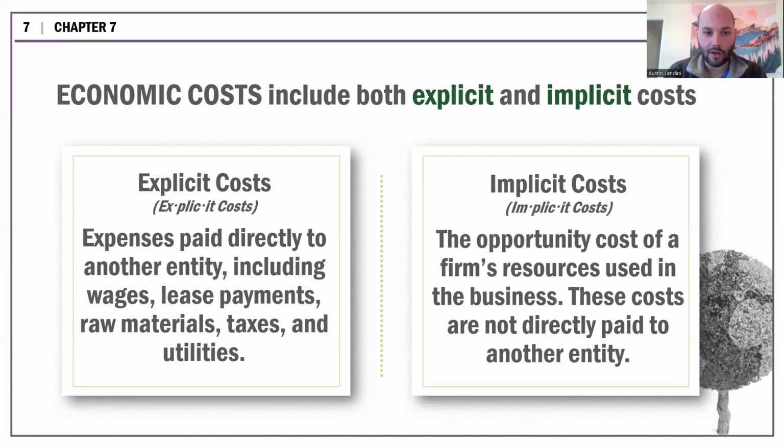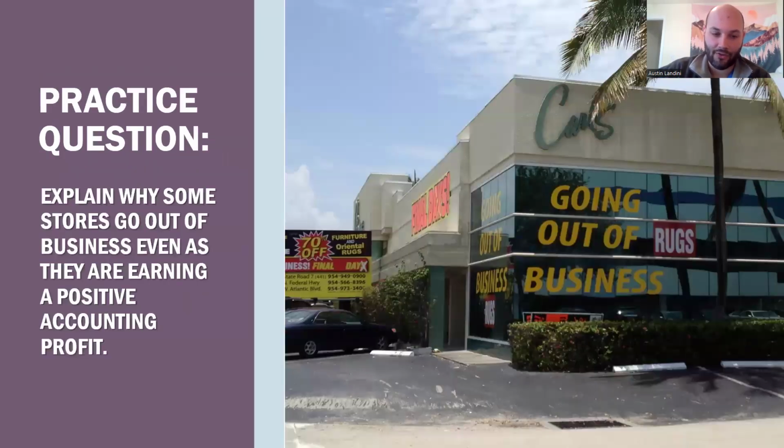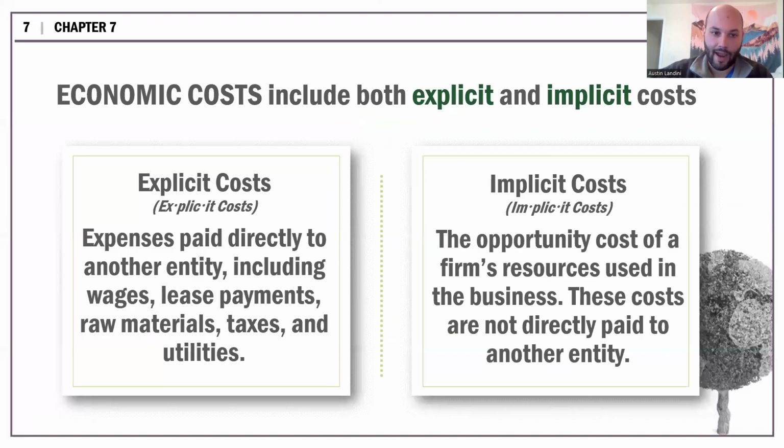All right, so total costs can be broken down into ones that are actually paid, explicit costs, or ones that are opportunity costs that you don't actually pay. The basic idea behind this is, why might a store go out of business even if it's earning a positive accounting profit? In other words, if they only have these explicit costs and they're making more revenues than their explicit costs, why might a business shut down?